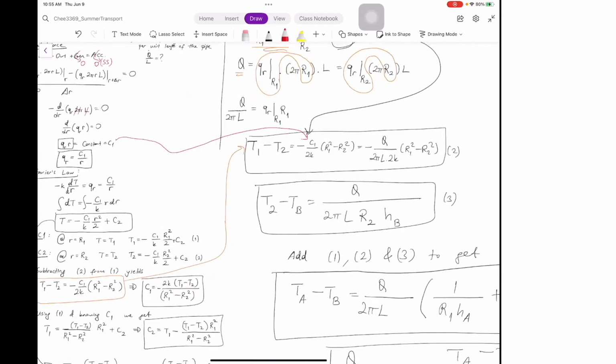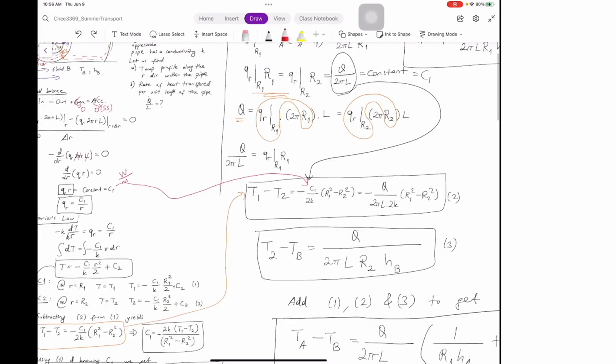C1 should have the units watt per meter squared. No, watt per meter. The C1 must have units of watt per meter, because if you divide by meter, you should get watt per meter square.